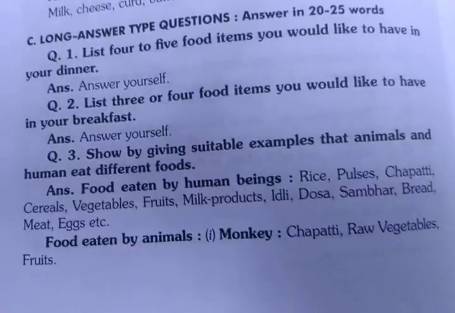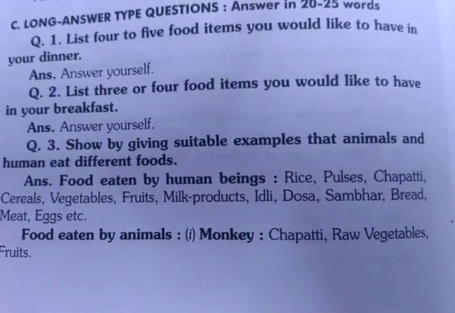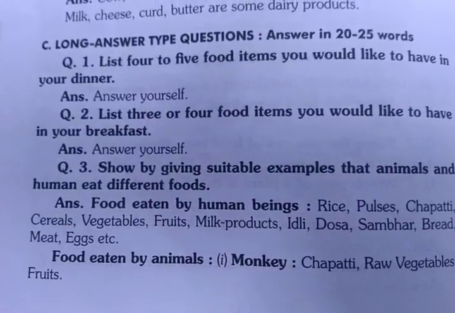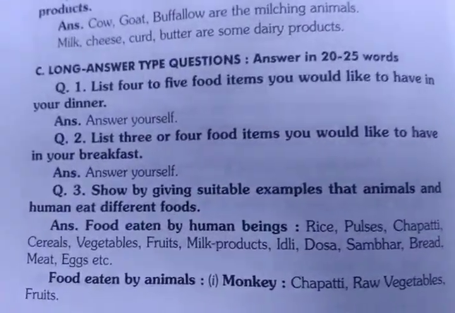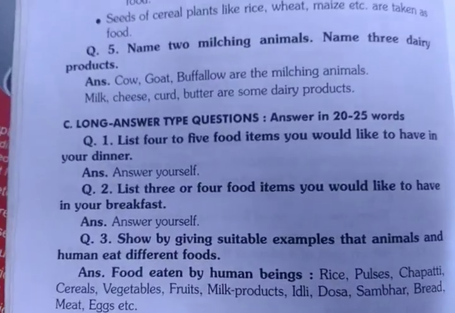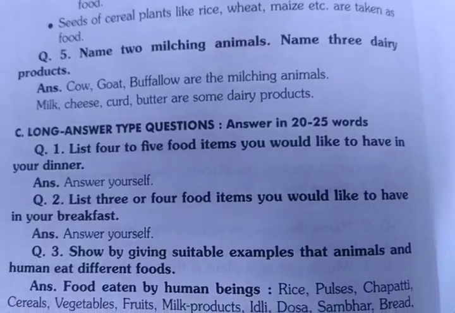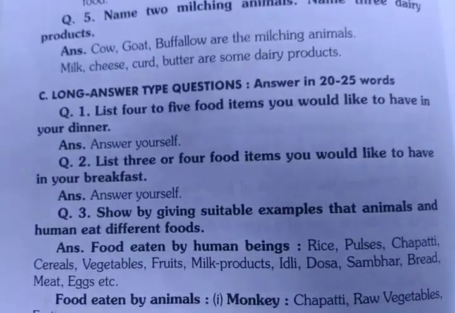Now we are moving towards the third question answer. Show by giving suitable example that animals and humans eat different food. First of all, you tell me, whatever the food animals are eating, the same kind of food human beings are eating? No, they are eating different parts and we are eating different parts, and we are not eating as the animals are eating, right?